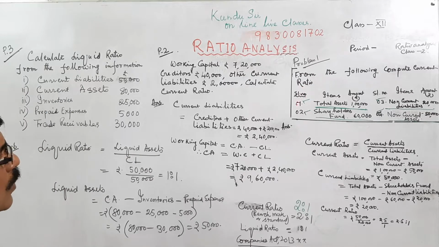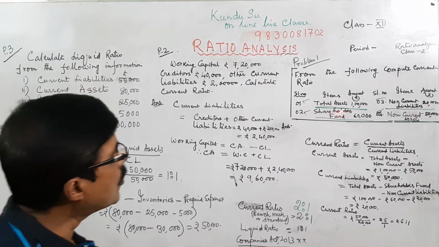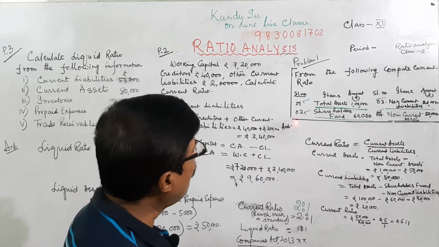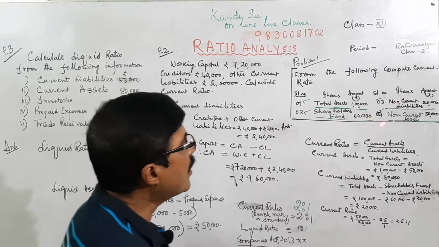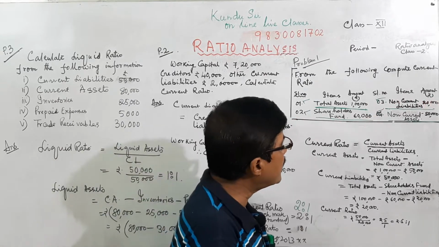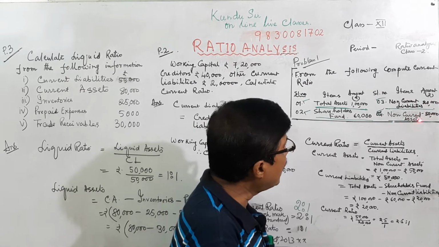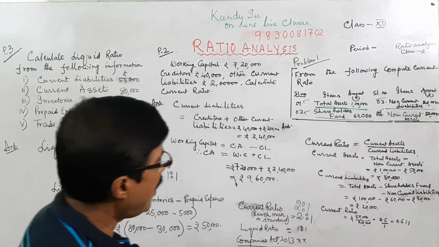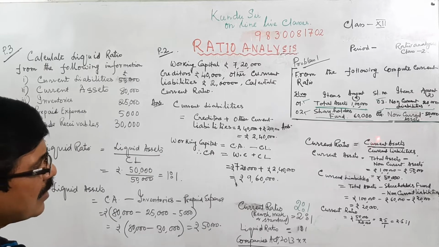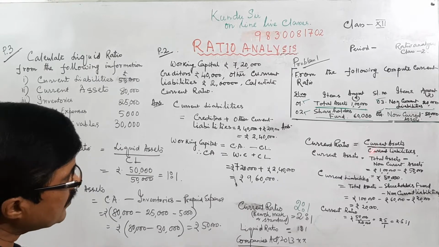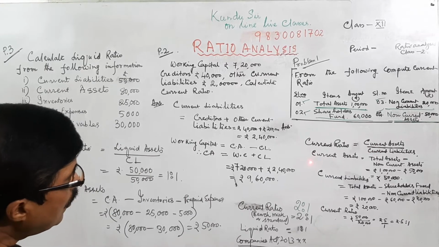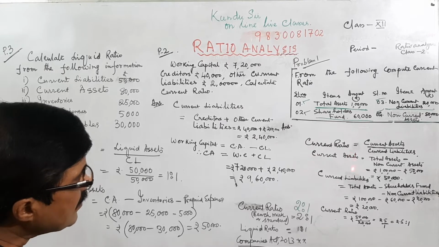What is the problem here? Serial number 1, total assets. Serial number 2, shareholder funds. Serial number 3, non-current liabilities. Serial number 4, non-current assets. But our requirement is current assets and current liabilities. Now we are going to calculate the current assets.